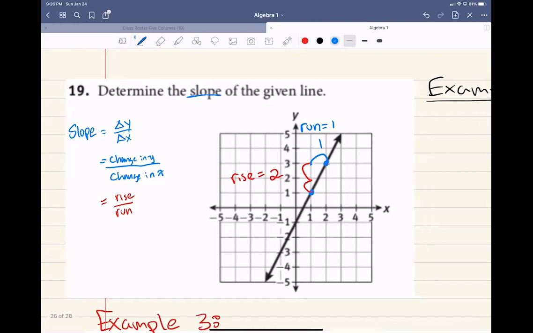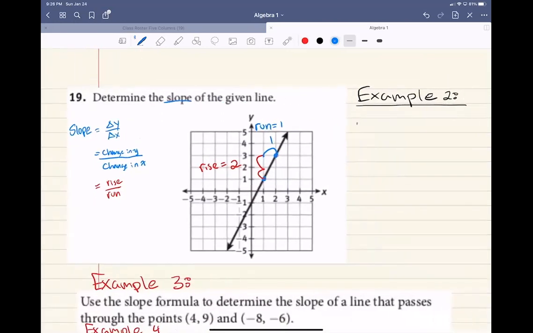So our slope is going to equal rise over run. That means our rise is 2 and our run is 1. But what's 2 divided by 1? That's just 2. So our slope, which we refer to as m, is 2.